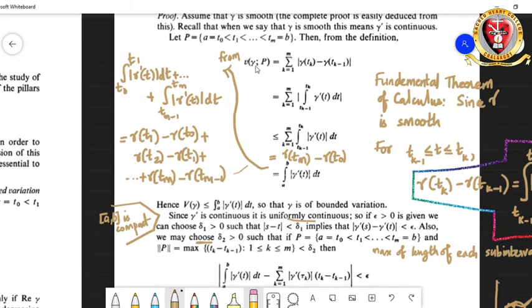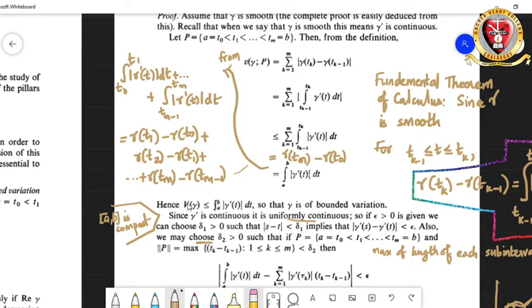So what we got is that the sum which we needed for saying that it is of bounded variation is less than or equal to the sum sitting here. That is of course a bounded quantity, the integral from a to b of modulus of a function. So we can say that gamma is of bounded variation.